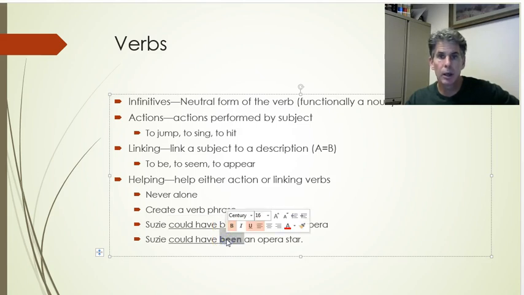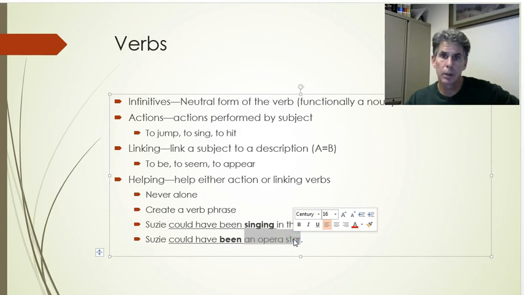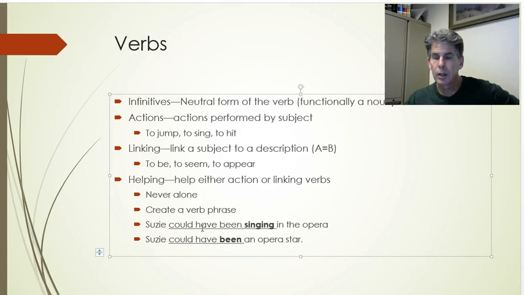So last one in line is always, always, always either an action verb or a linking verb. Always. So if it's last in line, it can't be a helping verb. It must be the main verb. And you can't do a been. Okay? That's a linking verb. Susie equals an opera star. That's what it's doing. So in this one, Susie could have been singing. This is could have been doing something. Could have been singing in the opera.